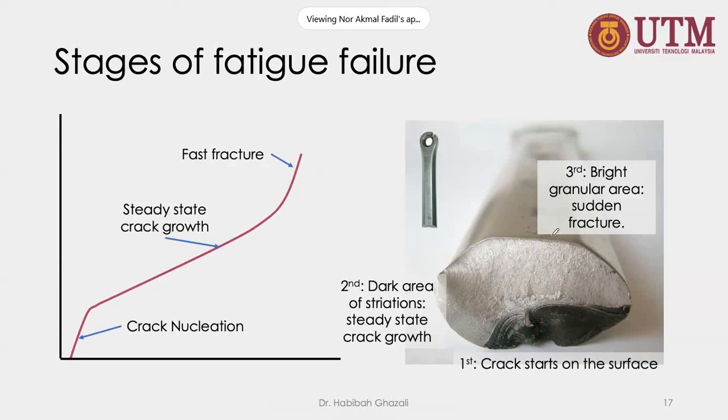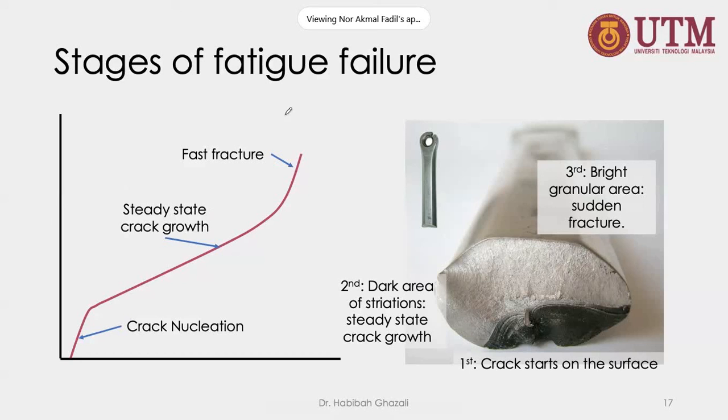If you look at the surface of a fractured sample, you can see a dark area like this. Several lines form at this region. The first crack initiation is at this point. The second stage, the steady state, is this region where you can observe the line formation, and then this one is very bright.